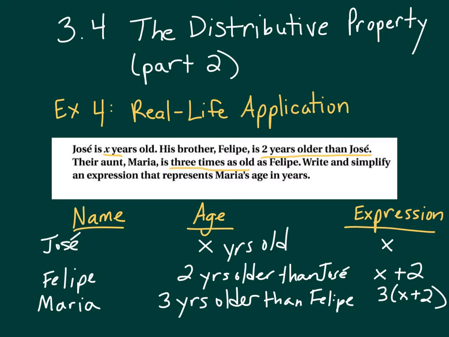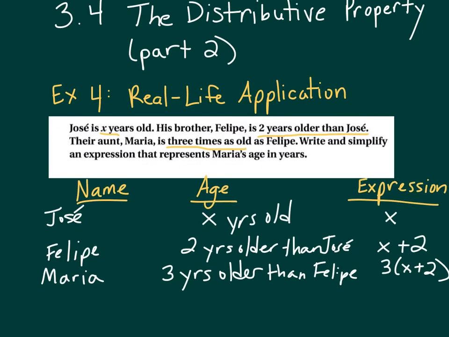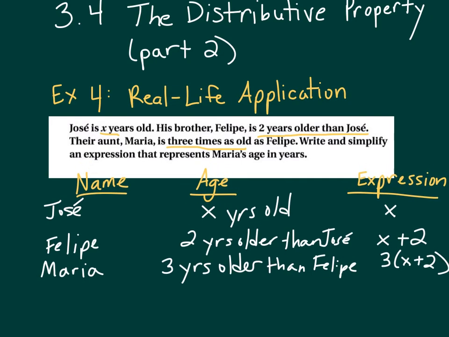here's where the distributive property comes in. I'm going to move a couple of things up here so that we can have some room to show that. So if Maria's age is equal to 3 times x plus 2, then we've got to multiply the 3 times the x and the 3 times the 2.